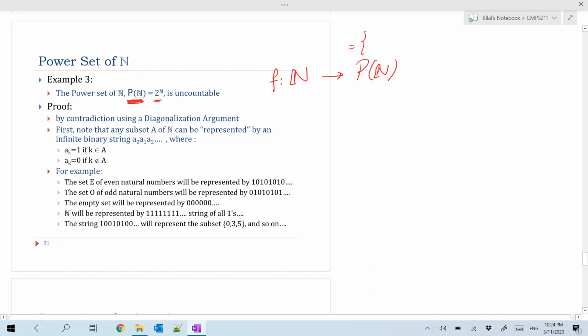So if we want to do it gradually, we can think about the empty set in P of n, all the singletons, 1, 2, but already this sequence never ends. But even if you succeed in finishing it, you also have to talk about pairs of elements, or sets of size 2: 1, 2, 1, 3, and so on and so forth. That never ends.